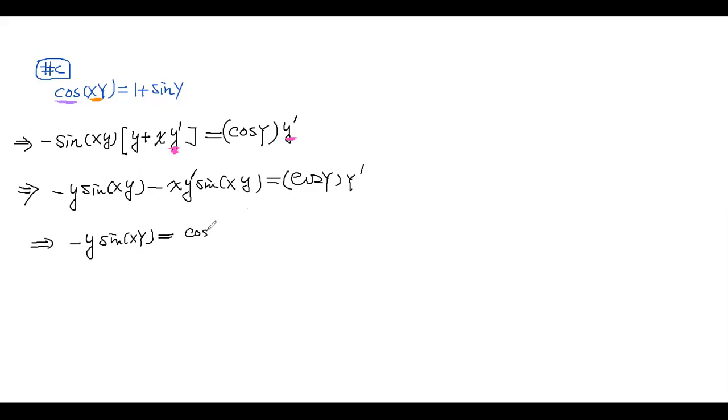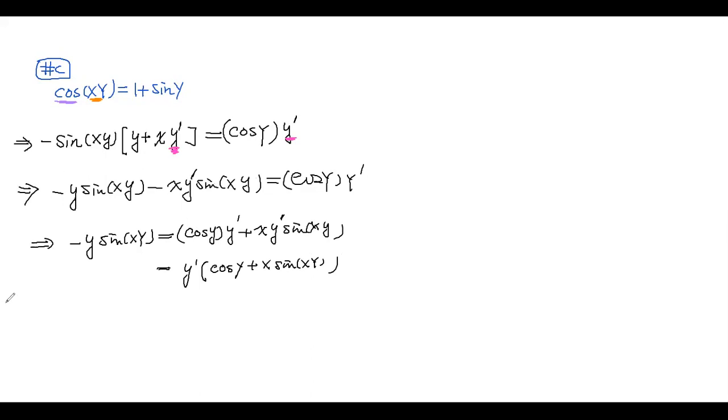So this is cosine y, y prime plus x y prime sine(xy). Then factor the y prime out. So it will be y prime times (cosine y plus x sine(xy)).